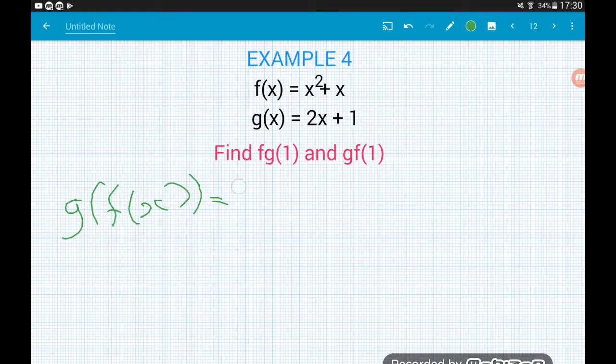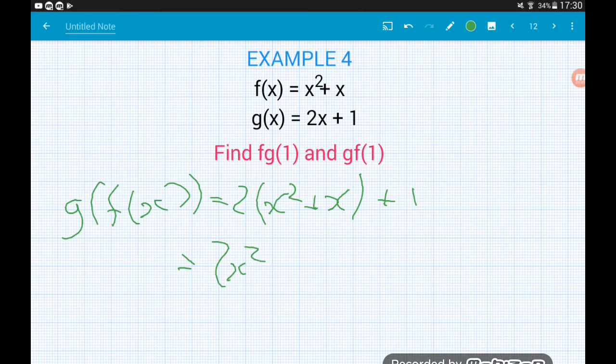So that's going to give us 2 lots of x squared plus x, plus 1, which can go down to 2x squared plus 2x plus 1. So that's our g of f of x.